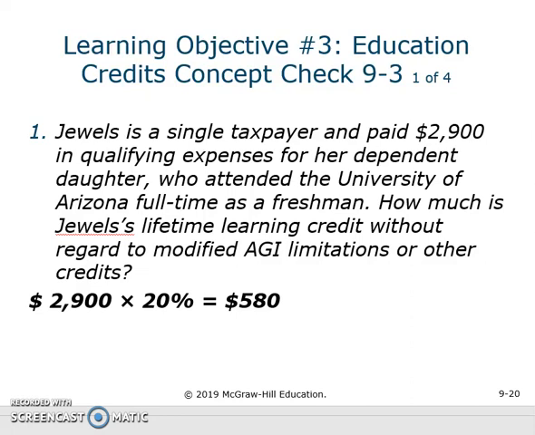So if her AGI is within the range, and she's not taken any other education tax credits, we would multiply the qualified expenses by 20% to give her a credit of $580 for the Lifetime Learning Tax Credit.